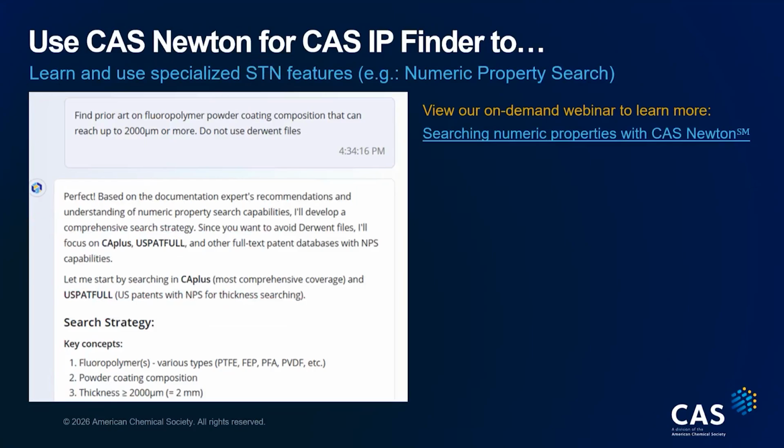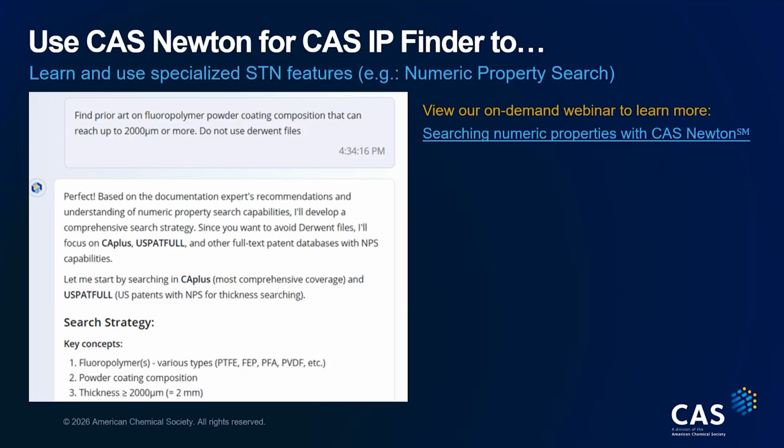I have had questions. At one point in time, we were marketing and suggesting that numeric property searching would be available in CA+. That's a thing that CAS was working on. That has been indefinitely delayed. If you're not familiar, in STN, you can search certain files like United States PAT full, PCT full.